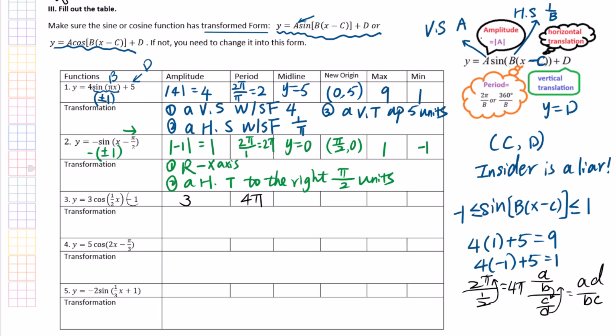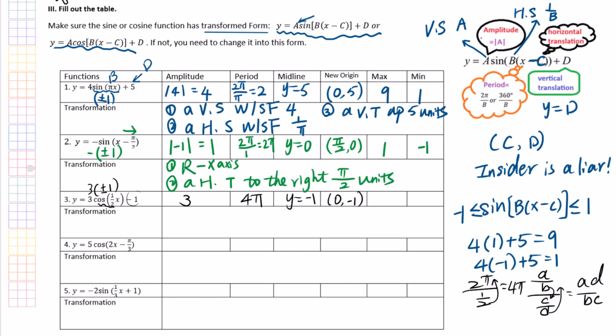Midline. Y equals D. Y equals negative 1. New origin. There is no horizontal translation. 0. We do have a vertical translation down 1 unit. 0, negative 1. For maximum value and minimum value, 3 times plus or minus 1.